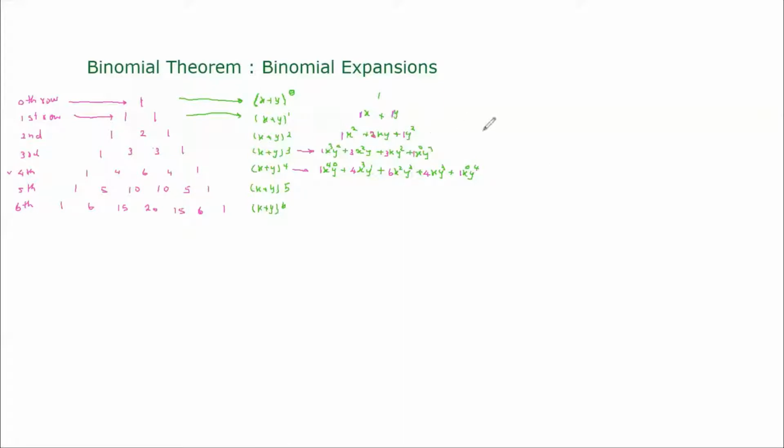So for the combination pattern, we start from the first row, right? Because the 0 row is 1. So we start from the first row here. I like more space here.